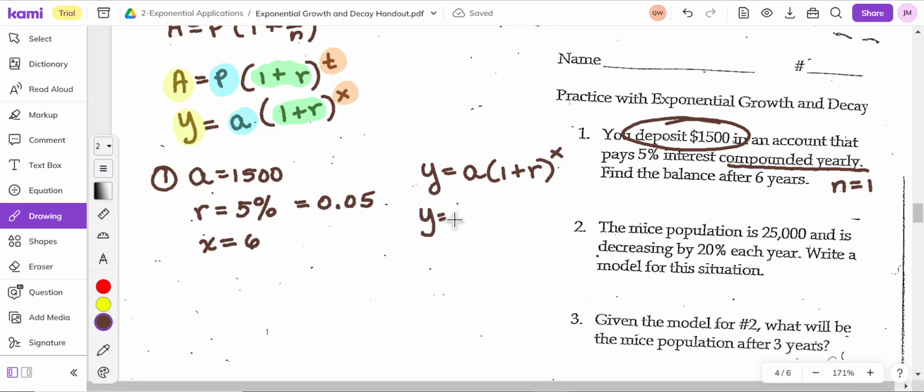So now I'm just going to plug the information in. Initial value of 1,500, times 1 plus 0.05. Remember, we have to use the decimal form. And X represents the time, so that would be the 6. Okay.